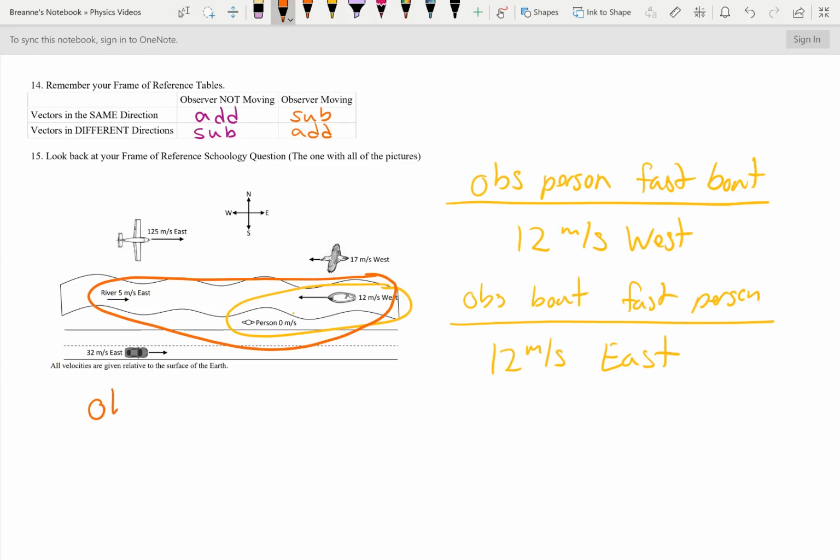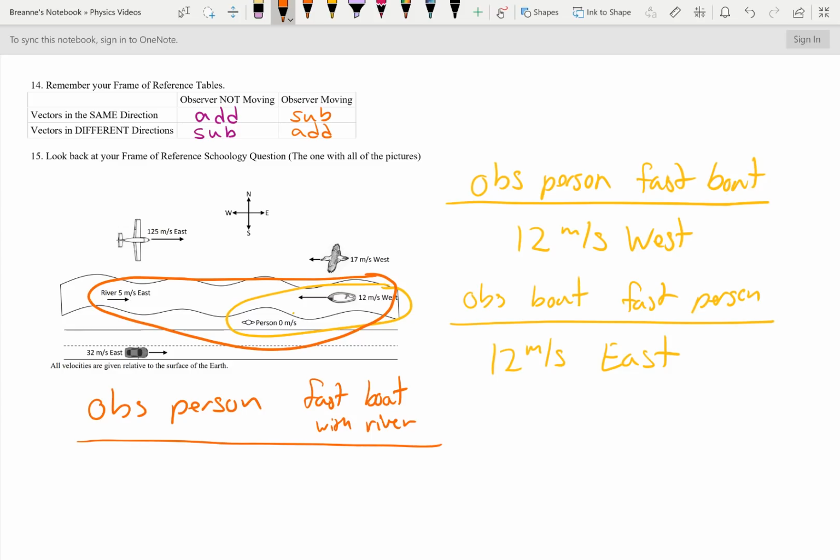The observer is going to be the person. We're going to take how fast the boat is, and we're going to take the river into consideration.